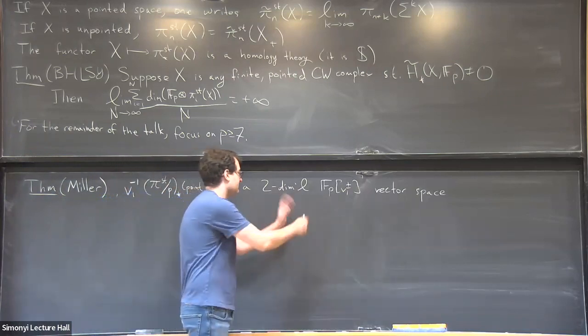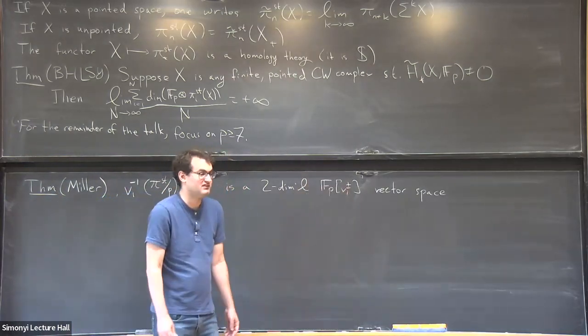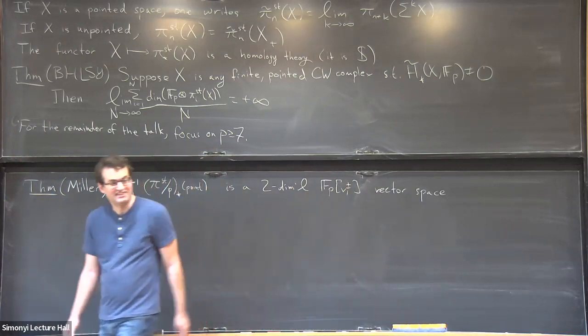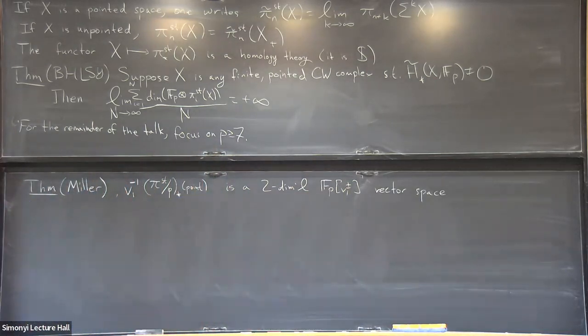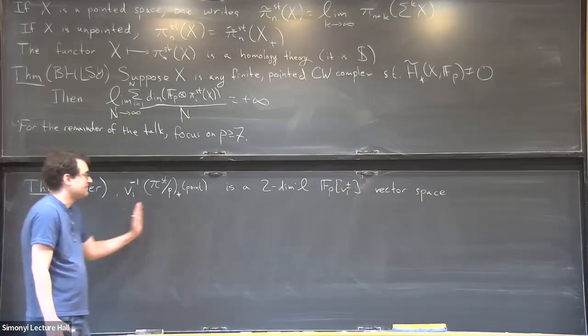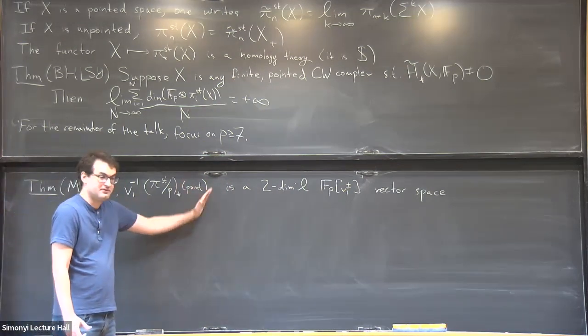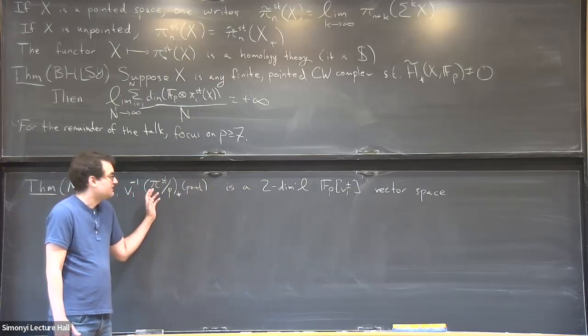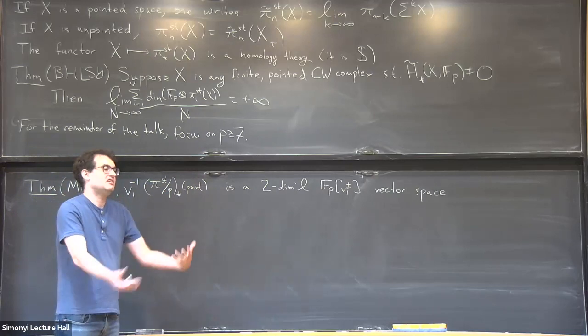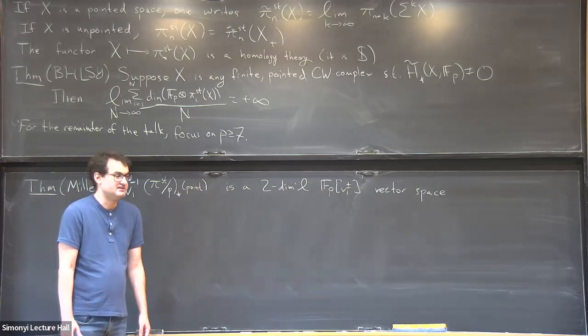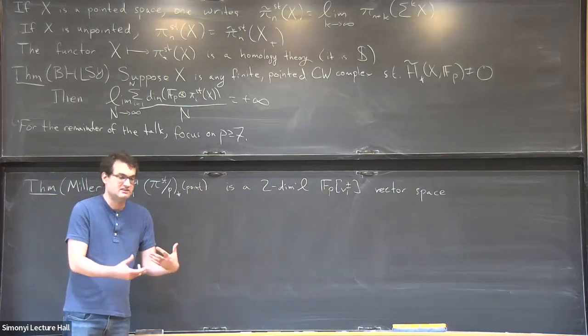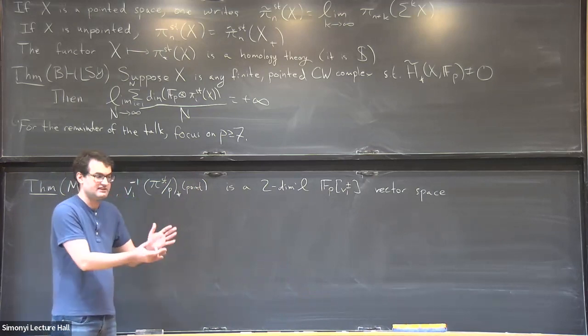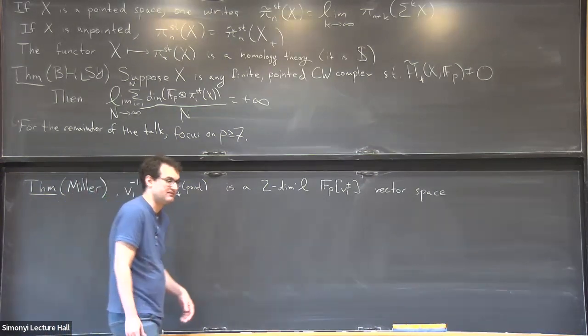Right, so it's a two-dimensional free module, but that comes for free. And what we're trying to prove is that there's a lot of stuff in this group before inverting V1. And what this theorem says is that almost all of that stuff is going to be V1 power torsion. If you're looking for a large collection of elements, you're never going to find it after inverting V1. It's all V1 power torsion.